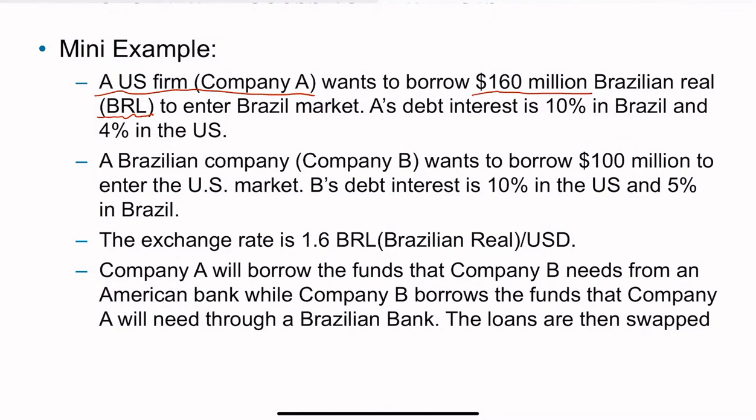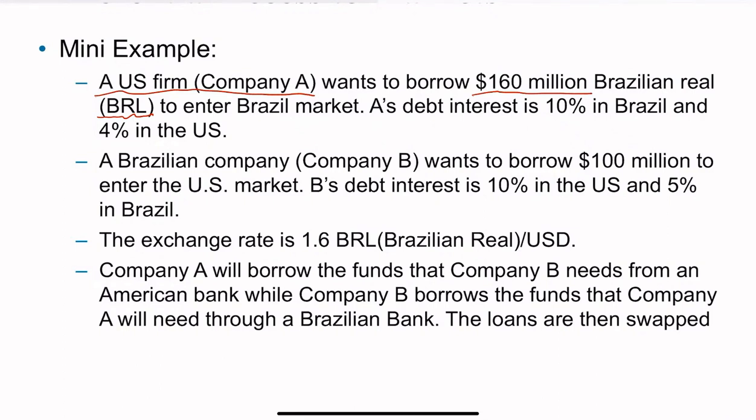Let's say A's borrowing rate is 10% in Brazil and 4% in the US. So you can see that here the firm has differential access to the market, right? Its cost of capital is much lower in the US. Potentially it's because it's more well known in the US and nobody in Brazil knows this firm.